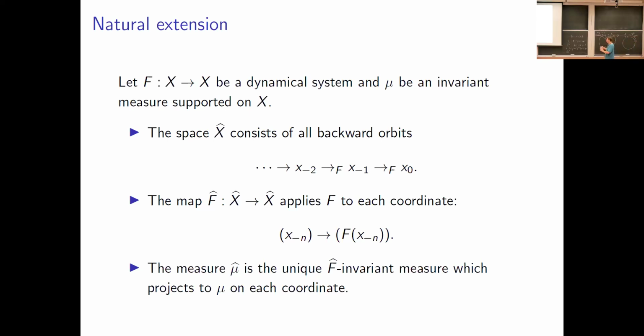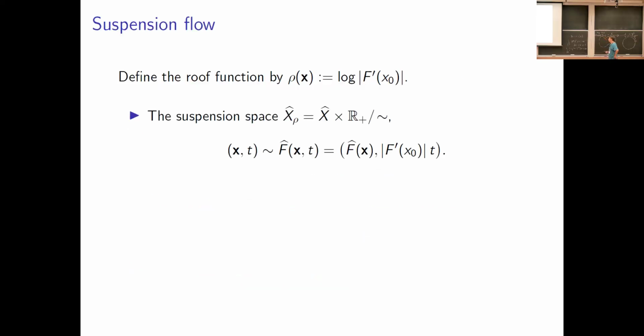This definition is quite well known in dynamical systems. The next step is to take a suspension flow over x hat, using this roof function. First we take the product of x hat with the positive real numbers and quotient it out by this equivalence relation.